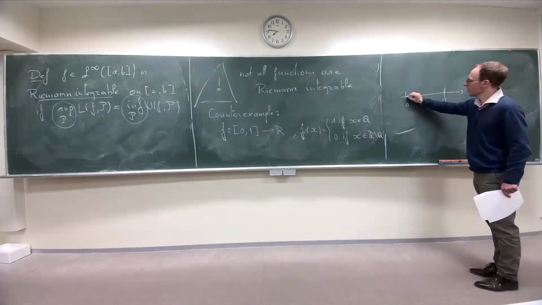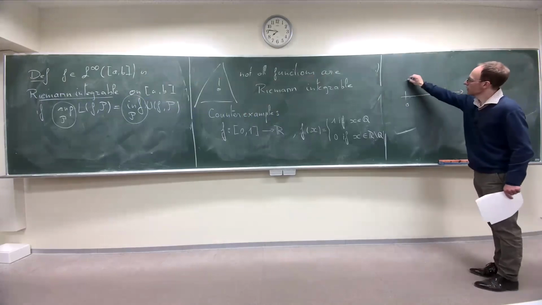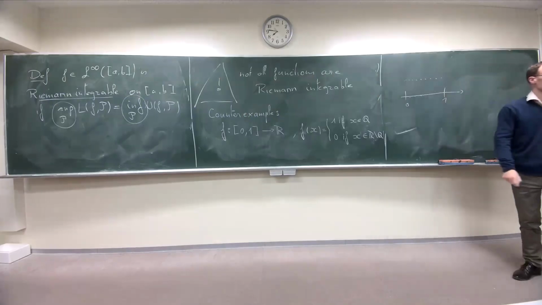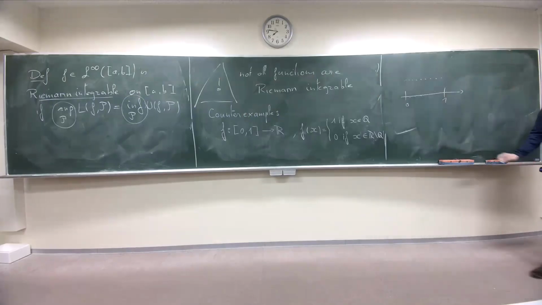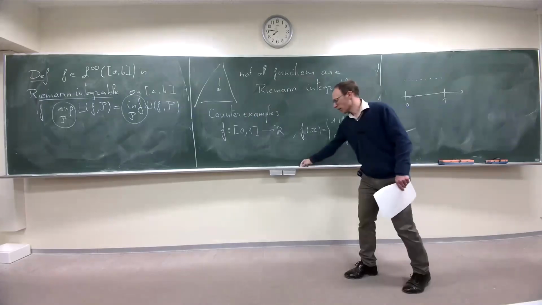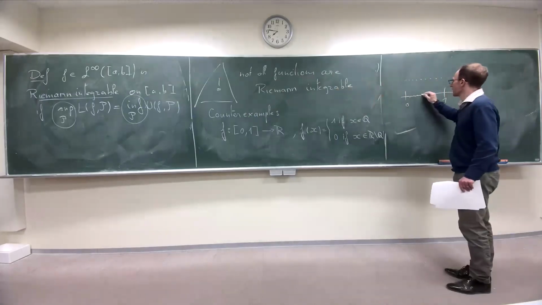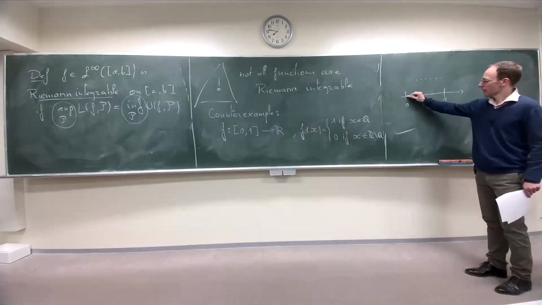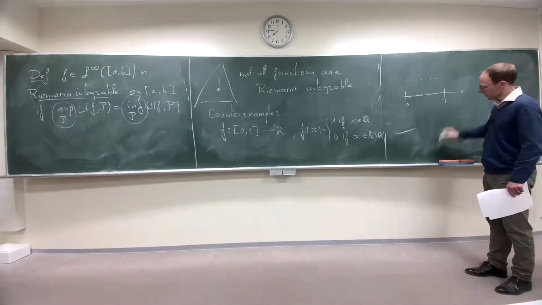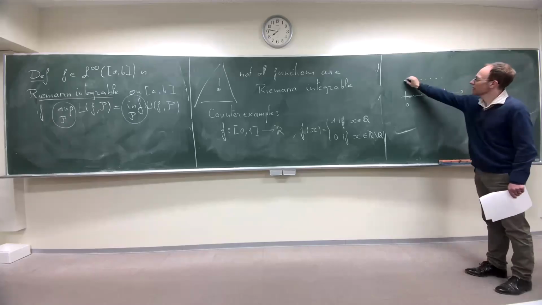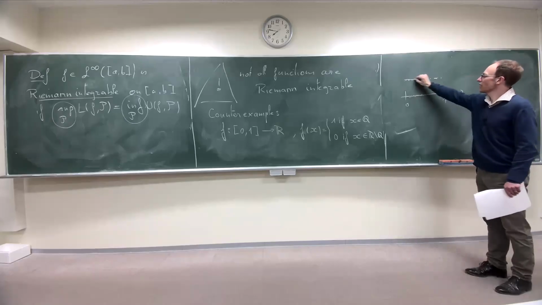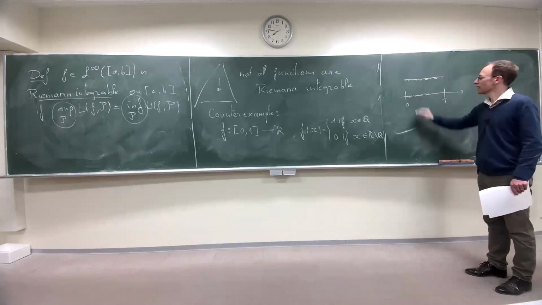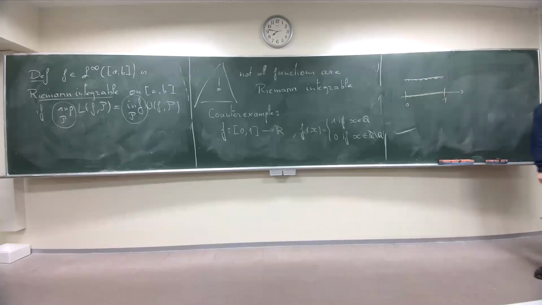So whenever you have a rational number, put the value 1. Whenever you have an irrational number, put the value 0. But you have many, many irrational numbers, and many, many rational numbers. So what you're going to get is a picture like this.